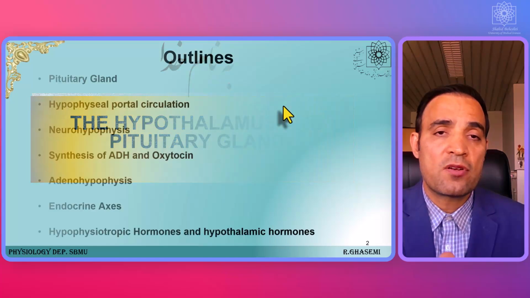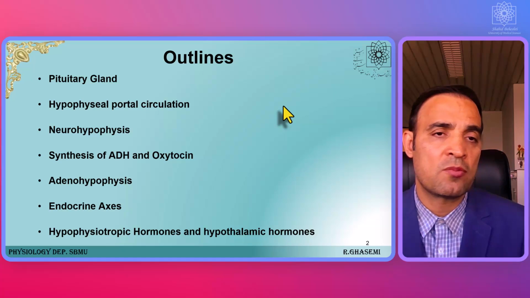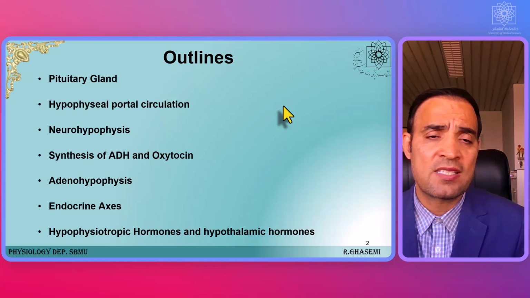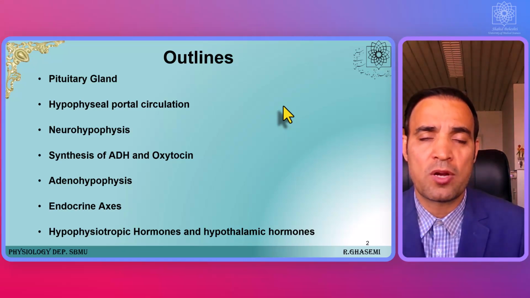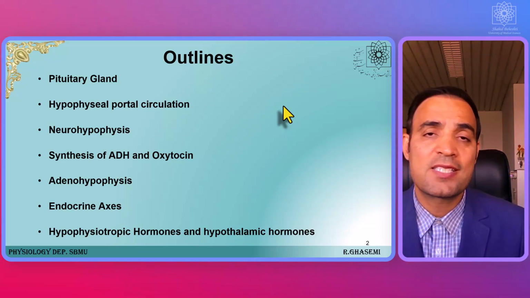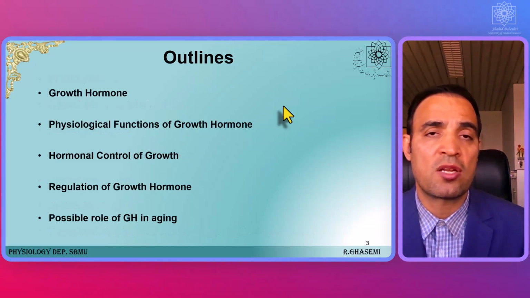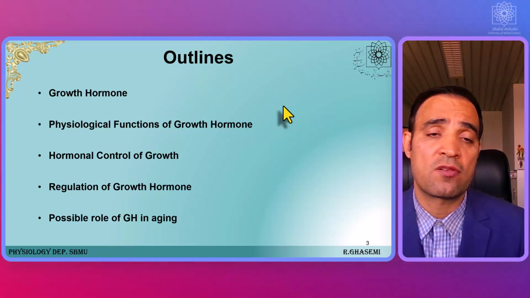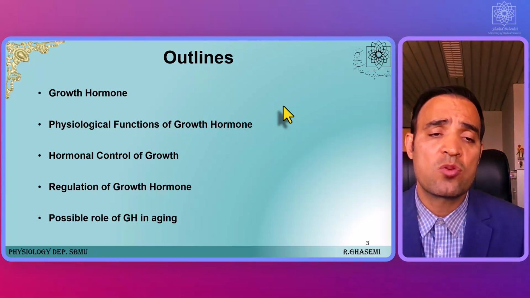This is the outline of this topic that you see: the pituitary gland, hypothalamus, hypophyseal portal circulation. What is the portal circulation? Neurohypophysis, synthesis of oxytocin and antidiuretic hormone, adenohypophysis, the hormones that are released from the adenohypophysis or anterior pituitary gland, the concept of endocrine axis, the hormones that are released from the hypothalamus and regulate the pituitary gland hormones, growth hormone, physiological function of growth hormone, hormonal control and regulation of growth hormone, and so on.